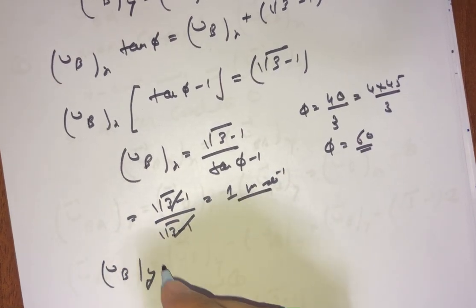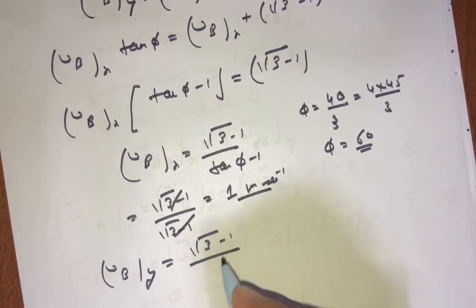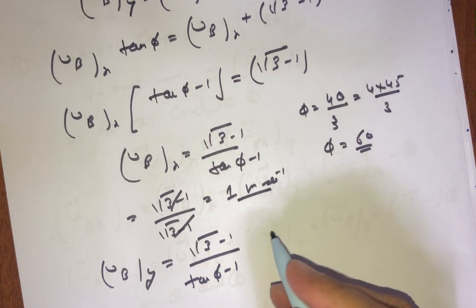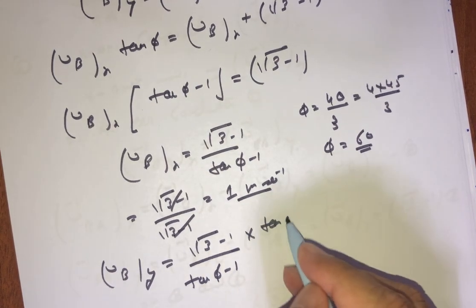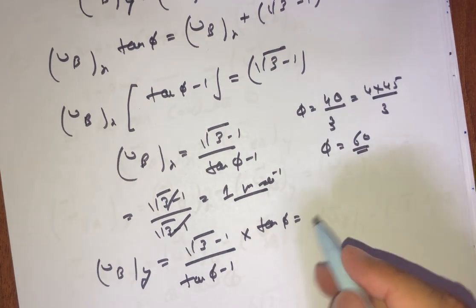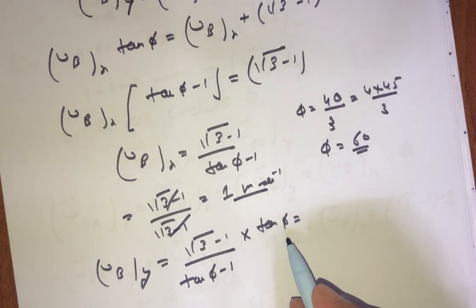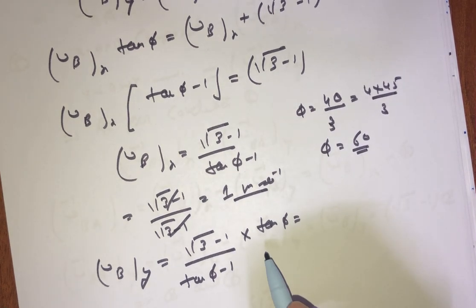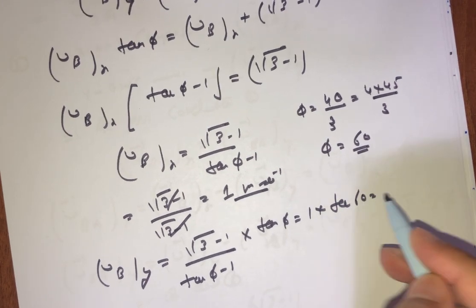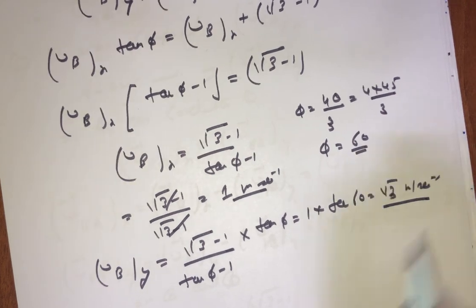VBy will be equal to root 3 minus 1 divided by (tangent phi minus 1) into tangent of phi. We already know this value is 1, and we can write 1 into tan 60, which is equal to root 3 meters per second.